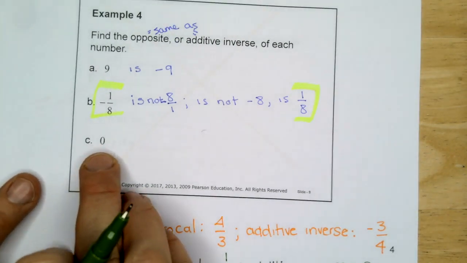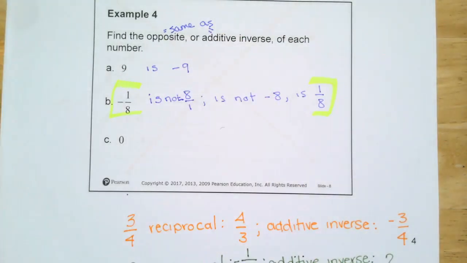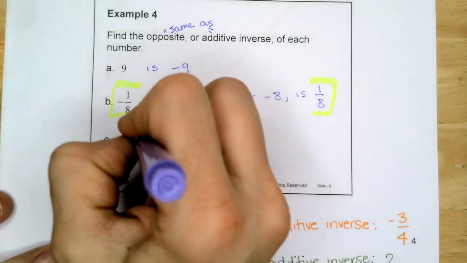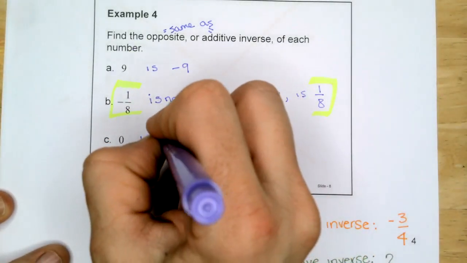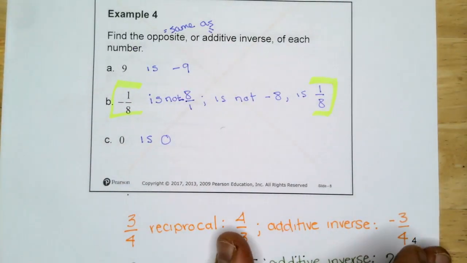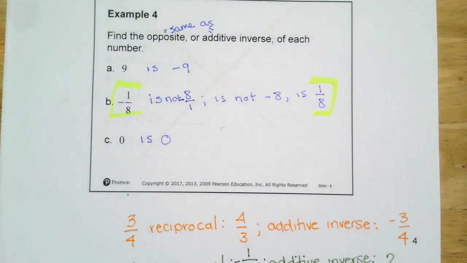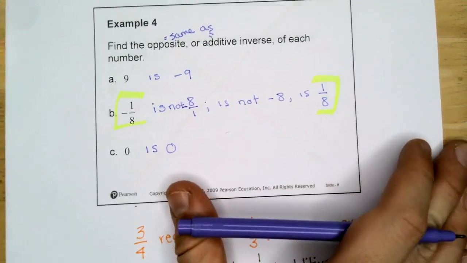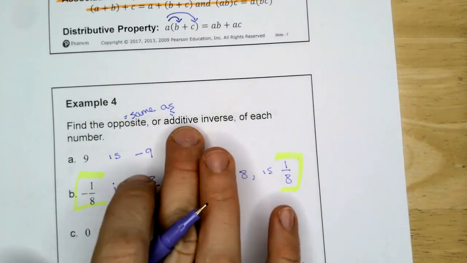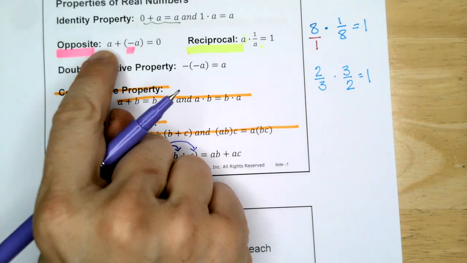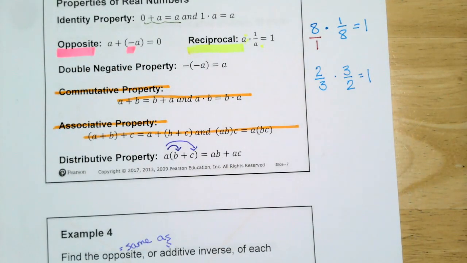The additive inverse of 0, think about it, is, how far away is it from 0? 0. Good. Okay. Let me just explain that the additive inverse is the additive inverse because when you combine them, they become 0.